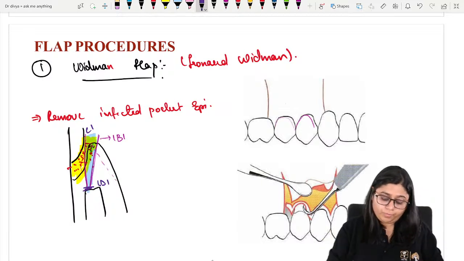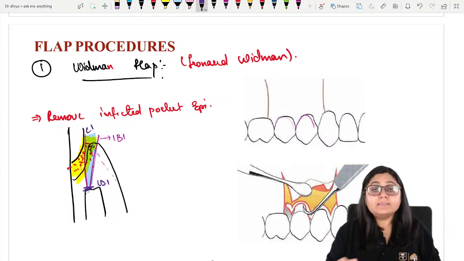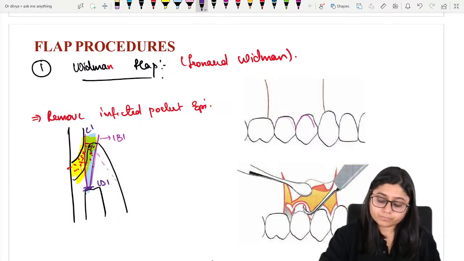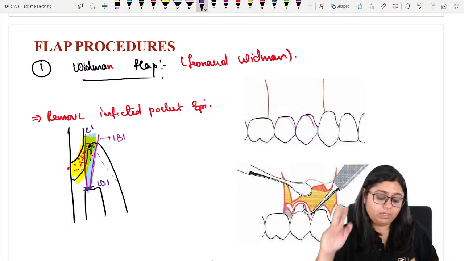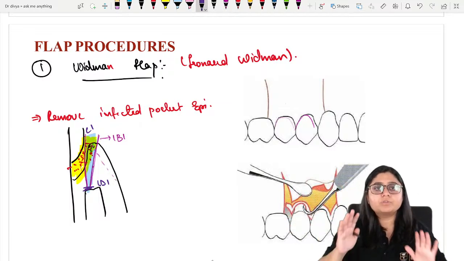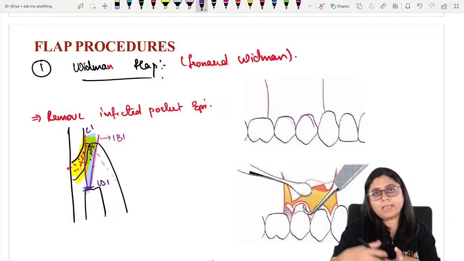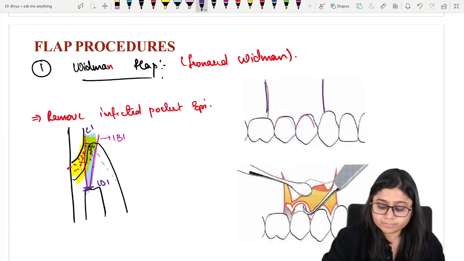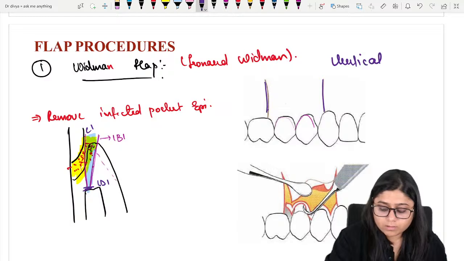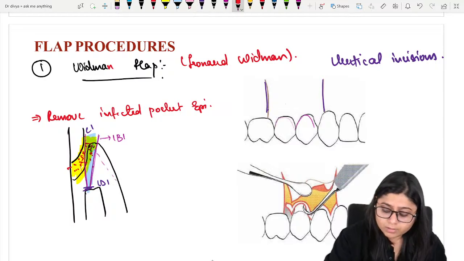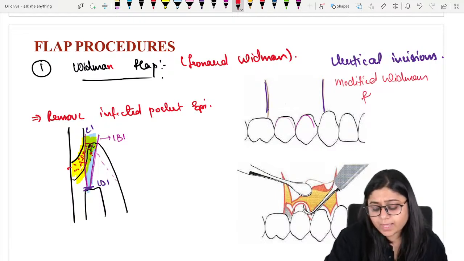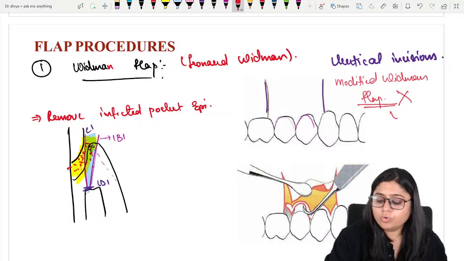Okay, so we remove this wedge of tissue, but in this case what Leonard Wiedemann did was he gave a vertical incision as well. So the only difference between the Wiedemann flap and the modified Wiedemann flap, you must remember, is that the modification came afterwards. The Wiedemann flap used vertical incisions, while the modified Wiedemann flap used no vertical incisions.